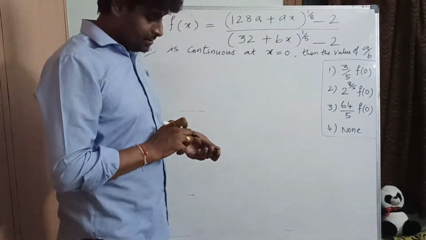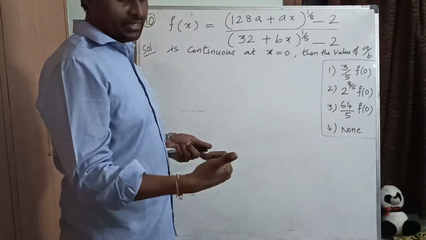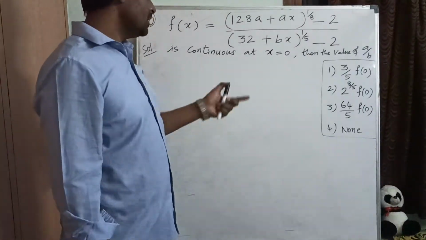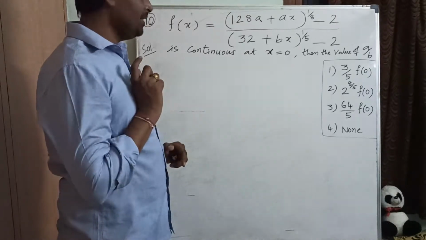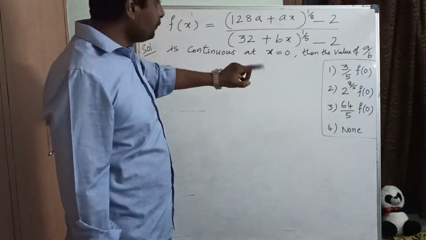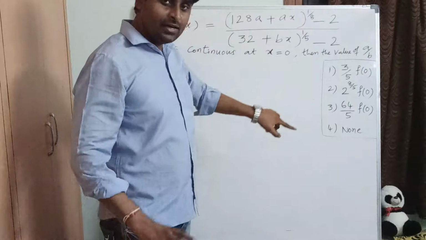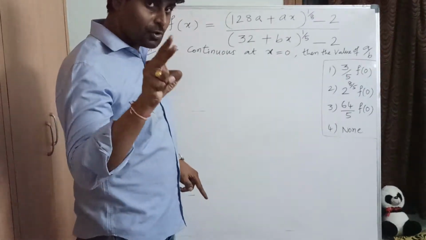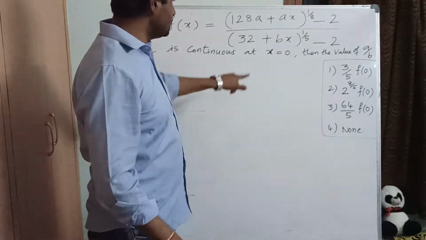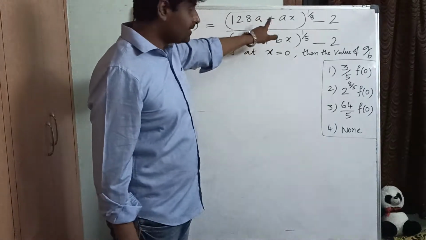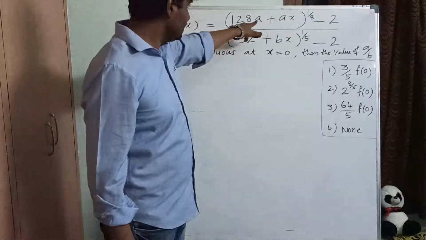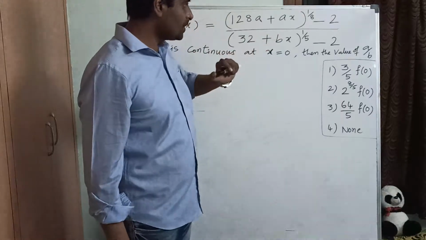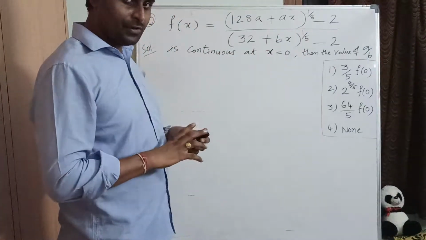So this function was given as continuous at x equal to 0. Then we are going to find the value of a by b, the ratio of those two constants given in this function. A, B.